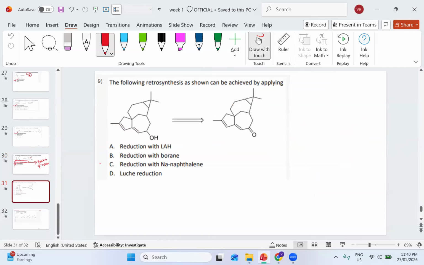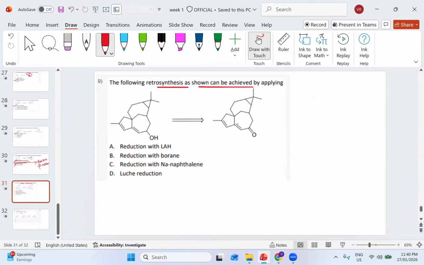Okay, the next question is the following retrosynthesis can be achieved by applying. Here there is an alcohol we got from this ketone, an alpha beta unsaturated double bond, right?